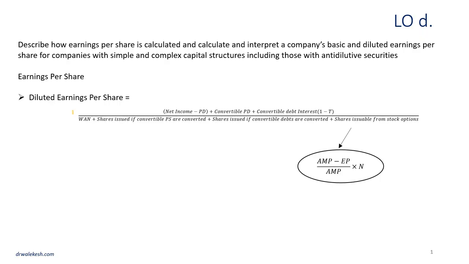So I'm sure we should agree with what we have here. The whole of this is earnings available to ordinary shareholders all over the weighted average number of shares relating to ordinary shareholders.